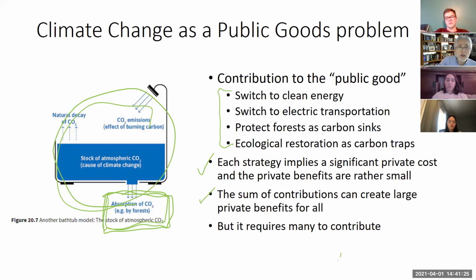But if the others are doing the same, at some point, and I already demonstrated 9 tokens, because 9 times 5 is 45 cents, or $4.50, we will get sufficient returns from everybody else's contributions to justify my own sacrifice to take 1 token away from my private account and put the token into an investment fund. But for that, the bottom line is we need many people to contribute.